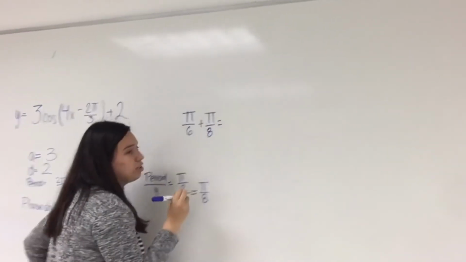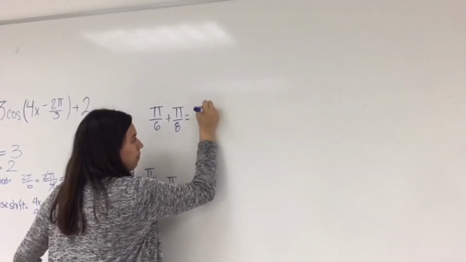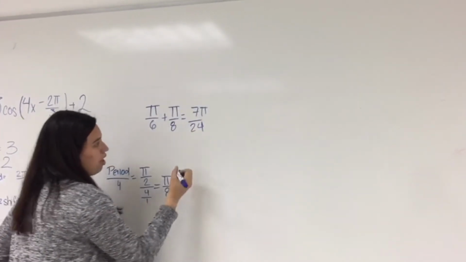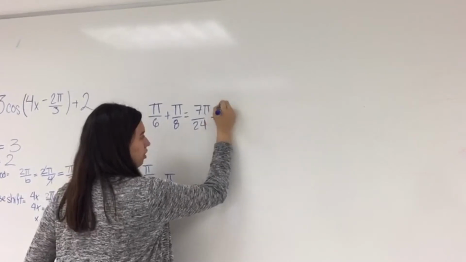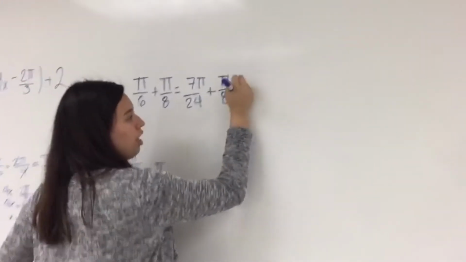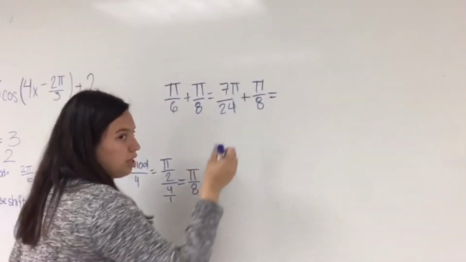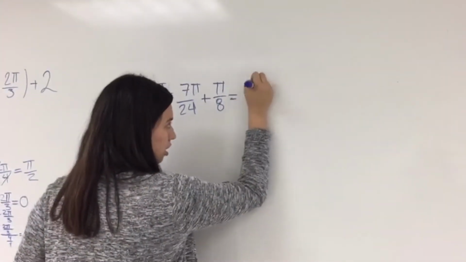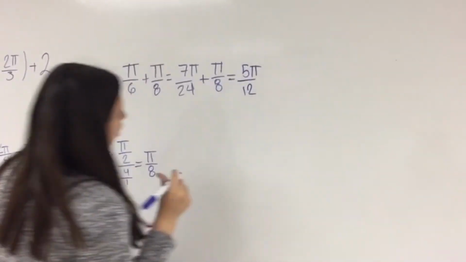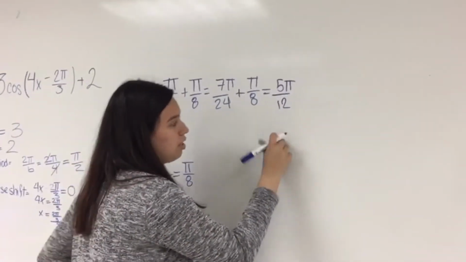And then the second point will be 7π over 24. And again, we will add the π over 8. And we will get 5π over 12, which is our third point.